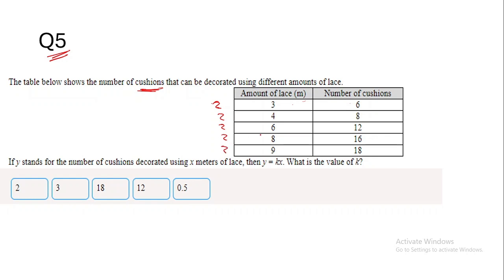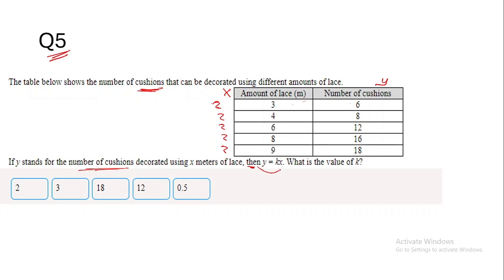So it can be directly proportional if we say y equals kx. Let's see what they say. If y stands for the number of cushions, this means this is y. Okay, so this is the number of cushions, this is y. Decorated using x meters of lace, that means this is the x.